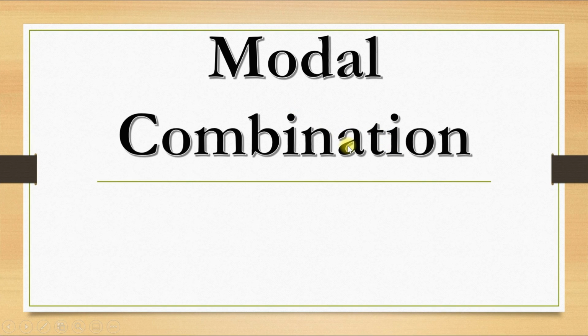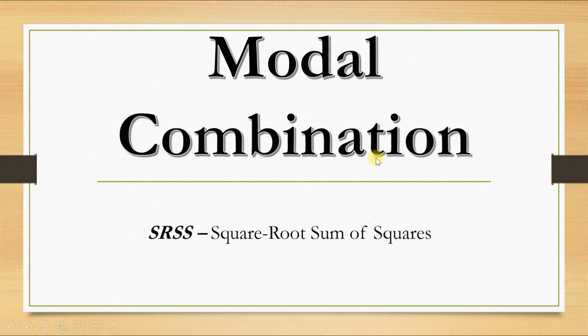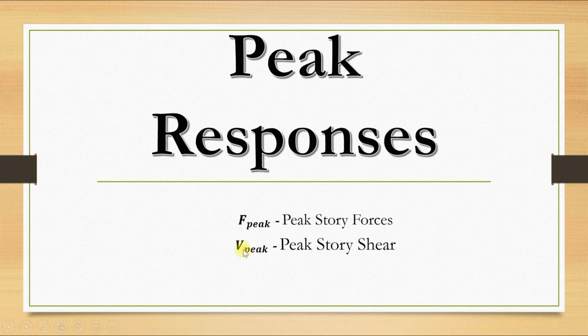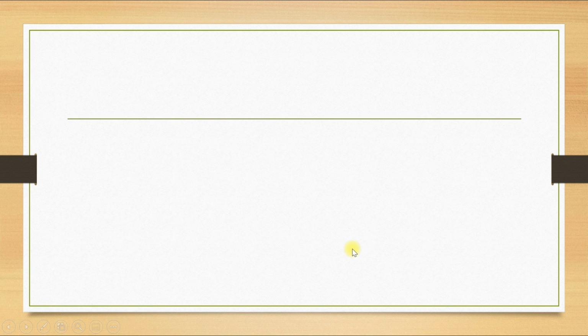Now we will go to the modal combination. So here we will use the SRSS, or the square root sum of squares. So first, we have the peak responses. So we will calculate here the F peak, or the peak story forces, and the V peak, or the peak story shear, and the delta peak, or the peak story displacement.